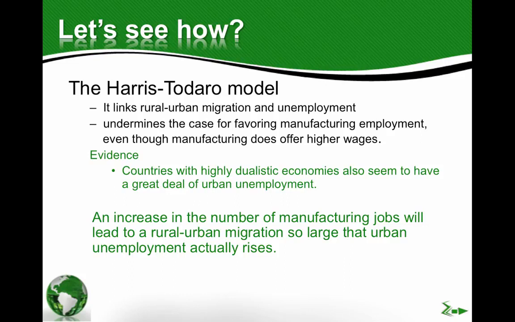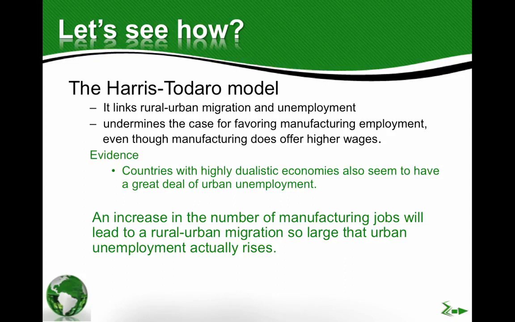And their argument is really based on the evidence that highly dualistic economies also have a high level of urban unemployment. Right? And so the main link they are making is the rural to urban migration, which is so large that the increase in urban employment cannot keep up with it, and urban unemployment actually rises.